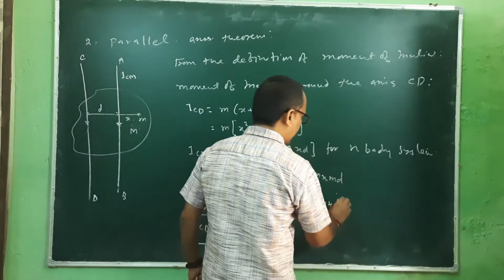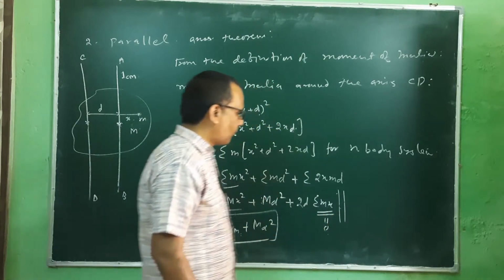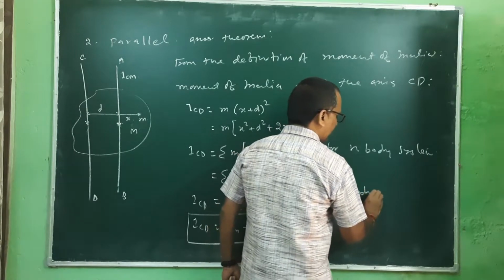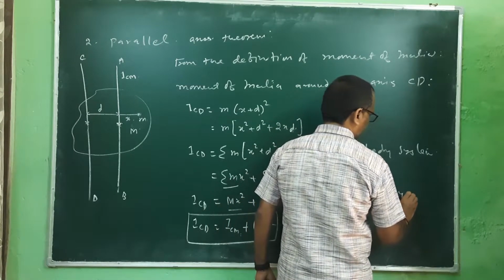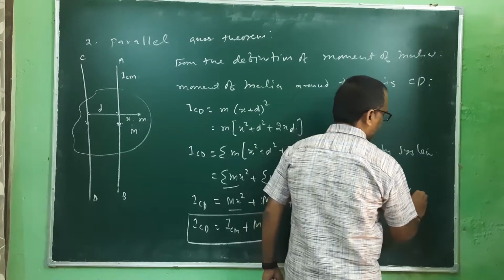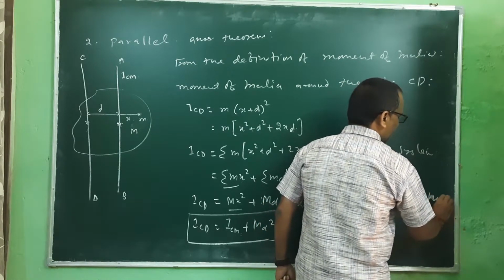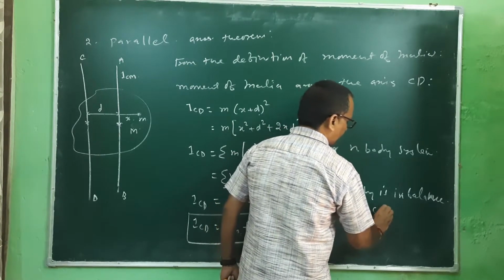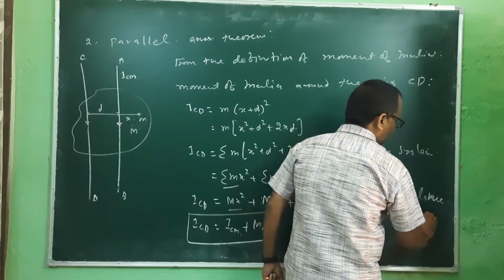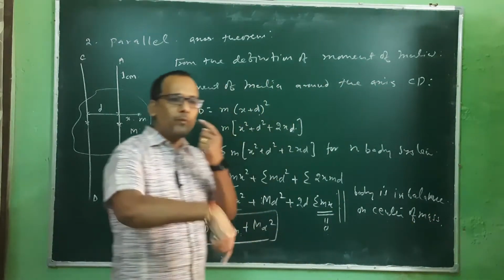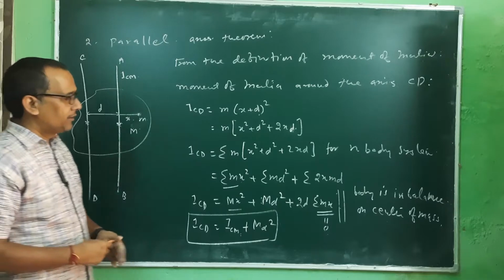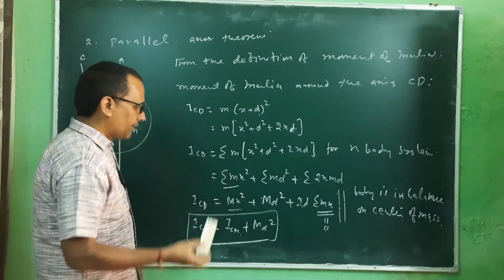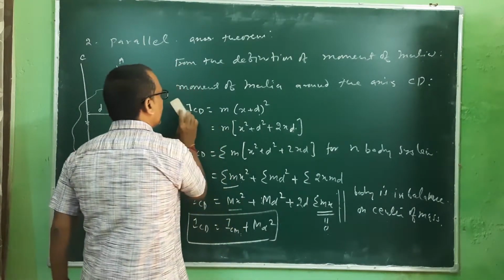One can write the reason why this summation of mx is equal to 0: because the body is symmetric or in balance on the center of mass. So there is no moment, there is no torque, so the sum of mx is equal to 0. Okay, so this is the derivation of the parallel axis theorem for a moment of inertia.